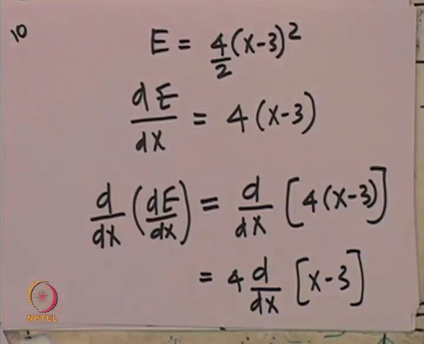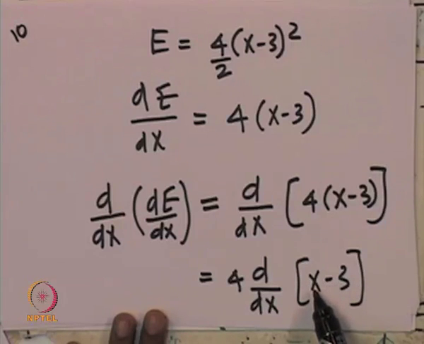By just looking at this itself, we can get the answer without doing any calculation. You know that d by dx of a plus b is dA by dx plus dB by dx. The derivative of x is 1 and the derivative of 3 is 0, because 3 is a constant.